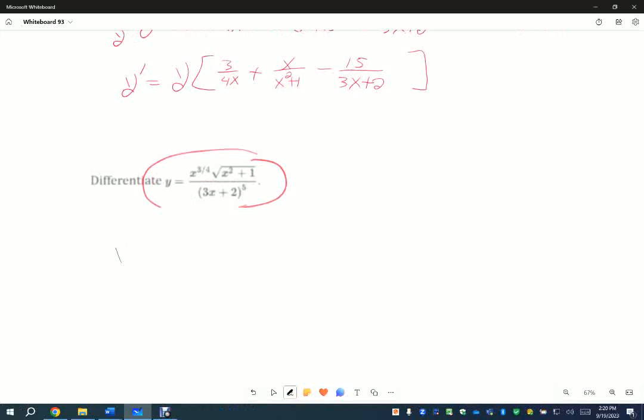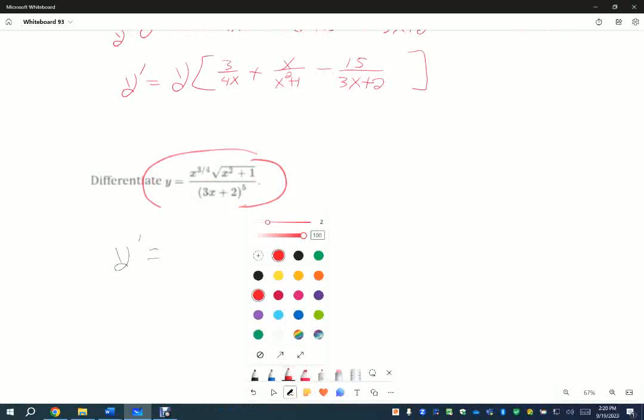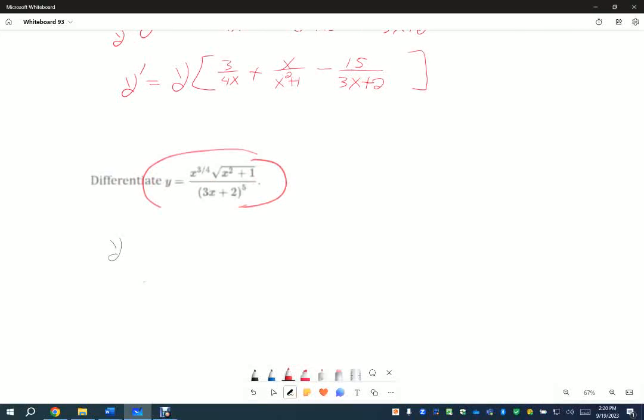So y prime is going to equal, actually, let's change that to red. I'm not sure why that is. Okay. It's writing in black, but that's okay.